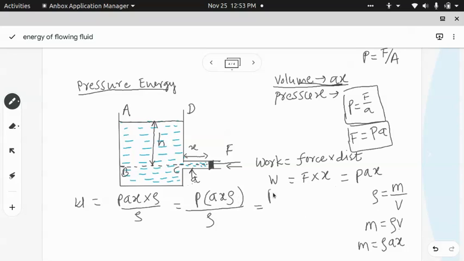So you can have P into m divided by rho, so that the value of W, that is work done, will be equal to P m upon rho.